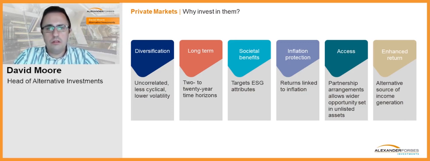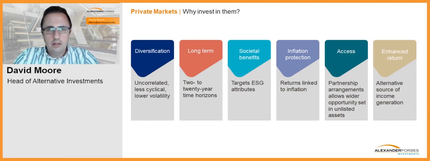Hence the point around targeting ESG attributes. You can improve how businesses are run by improving governance standards. You can improve the way they manage their environmental interactions, be it from a water saving or recycling perspective, and what energy they use. Do they use dirty energy or clean energy? You can change that. You can be more of an active change agent, and so drive better societal outcomes through investing in this asset category.